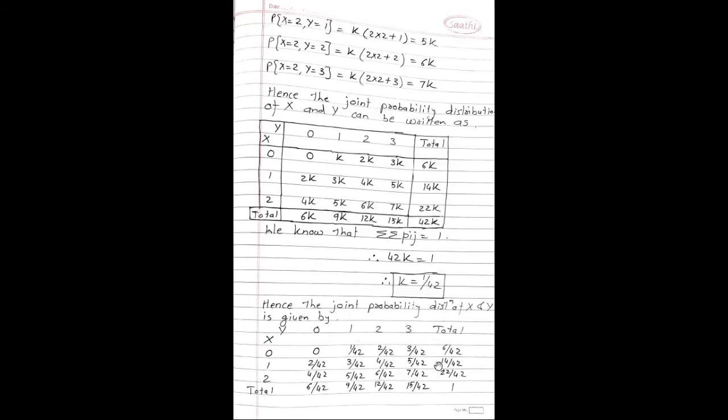Last, the probability y is equal to 3 given x is equal to 1 is equal to probability y is equal to 3, x is equal to 1 divided by the marginal probability x is equal to 1. So for y is equal to 3 and x is equal to 1, the value is 5 by 42.